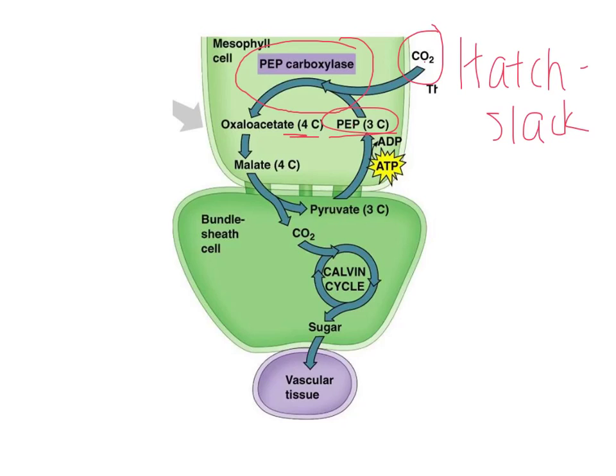This is where your C4 plant name comes from. I've got this 3-carbon molecule of PEP combined with the 1 carbon from the CO2 using the PEP carboxylase. Now I have a 4-carbon molecule. Remember, I don't have to memorize all these molecule names here.